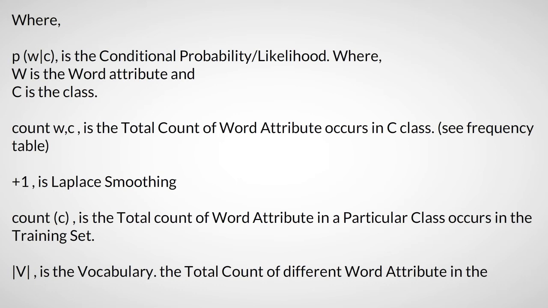W is the word attribute and C is the class. Count W, C is the total count of word attribute occurs in C class. See frequency table. +1 is Laplace smoothing. Count C is the total count of word attribute in a particular class occurs in the training set. V is the vocabulary, the total count of different word attribute in the training set.